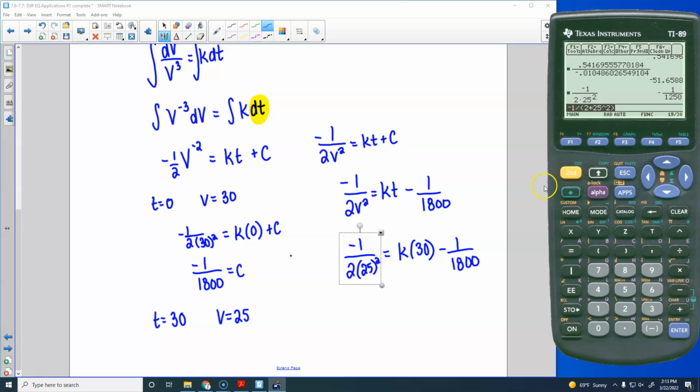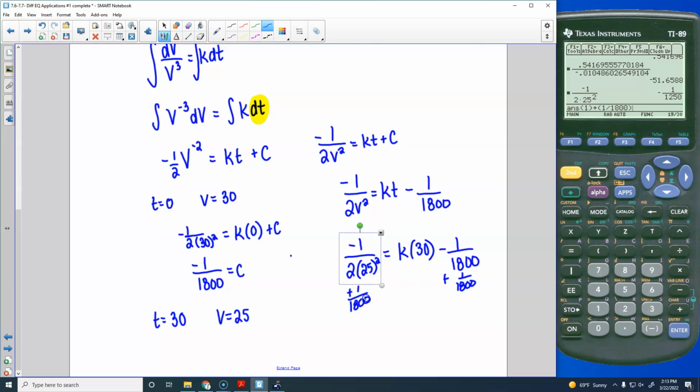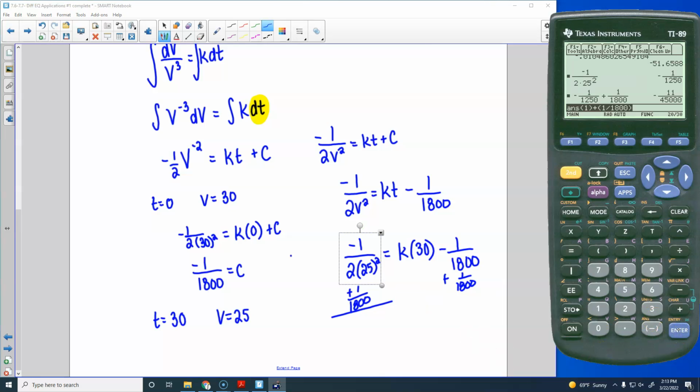Alright, so this is negative 1 over 1250. We'll be adding 1 over 1800 to that. That is going to give us... you don't have a rate.